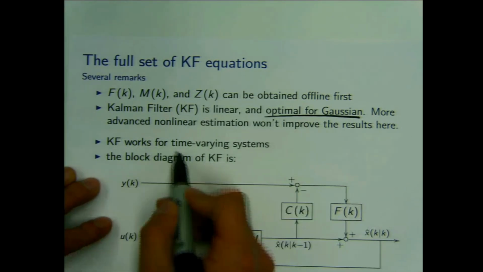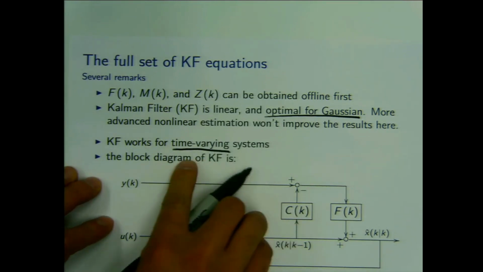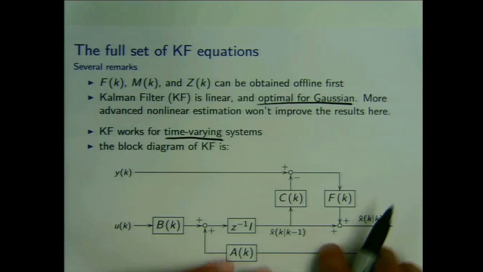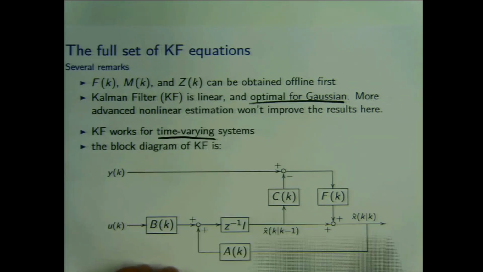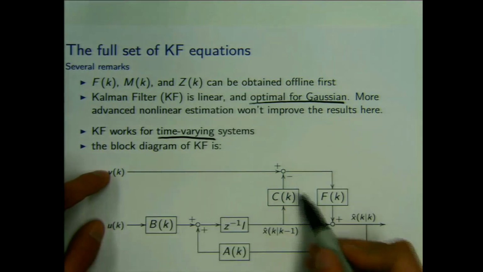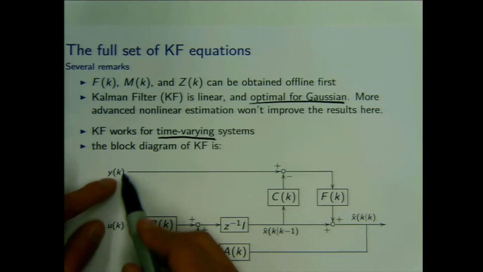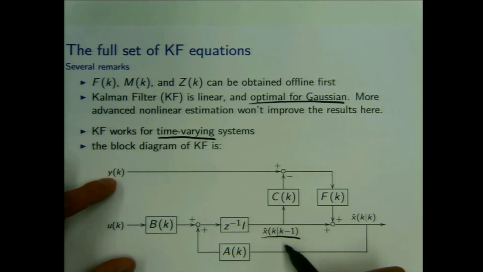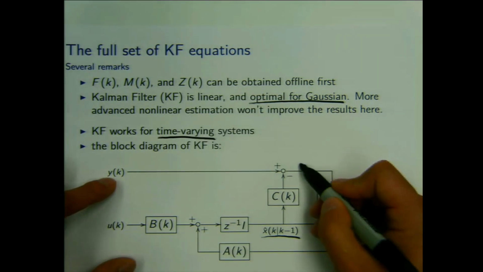So this is something I mentioned before. The Kalman filter works for time-varying systems. And if you want to write down the block diagram of the Kalman filter, it looks like this. The measurement is compared with this estimation, yk minus Ck times x hat k given k minus 1.